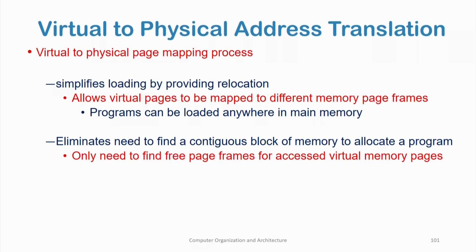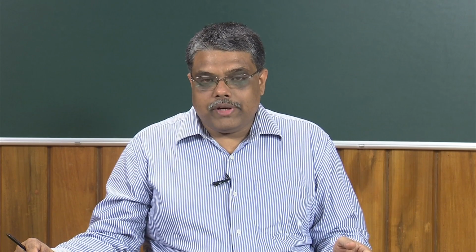Now, these virtual pages can be located anywhere in physical memory. So, if I have been given an address and I know the start of the page in main memory, I can locate it. Therefore, it simplifies loading of the program. The program can be loaded anywhere into physical memory, there is no restriction. The virtual pages need not even be contiguous.